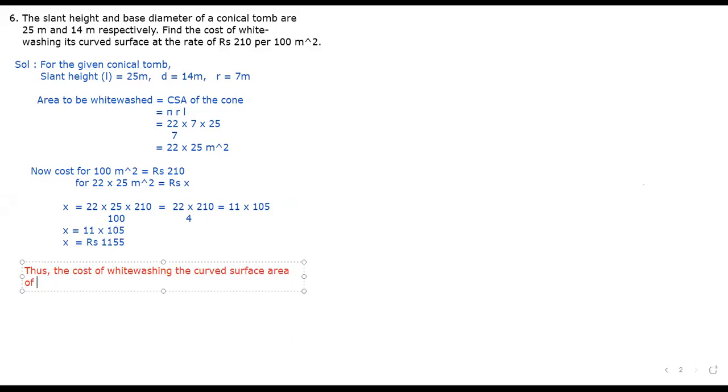Answer statement carries the mark. Compulsory. If you don't write the answer statement, half mark is cancelled. Do you understand? Yes or no?